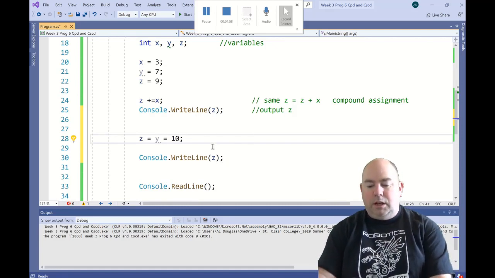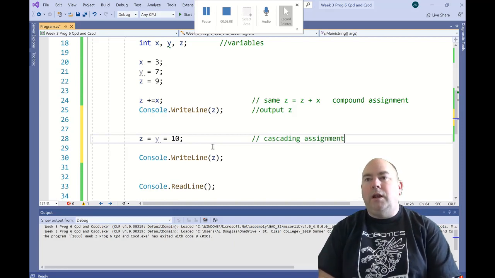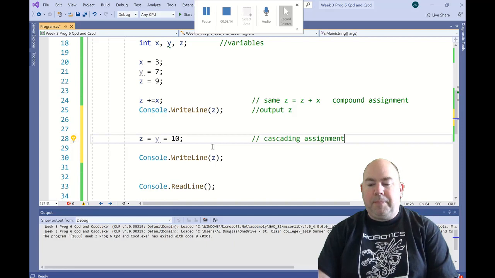So we're basically using a single line to define two different variables with the same number.